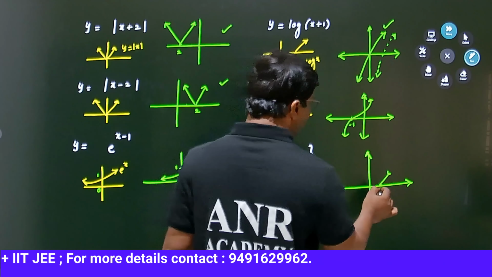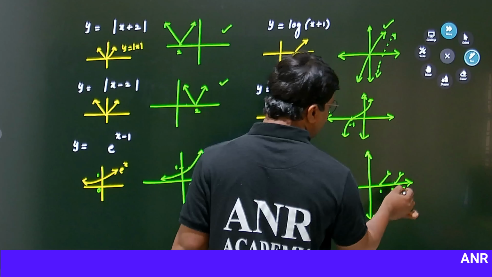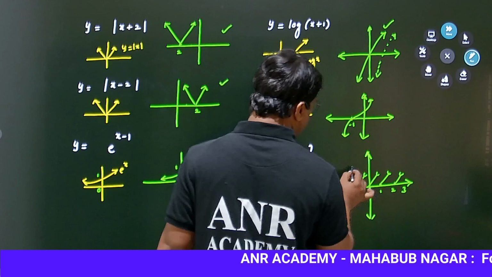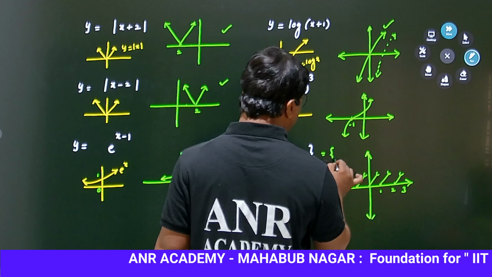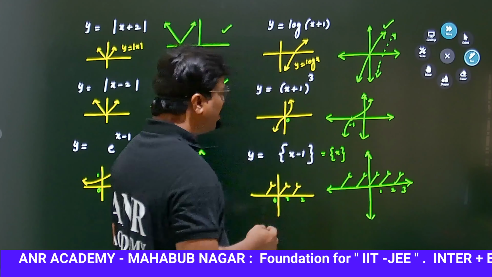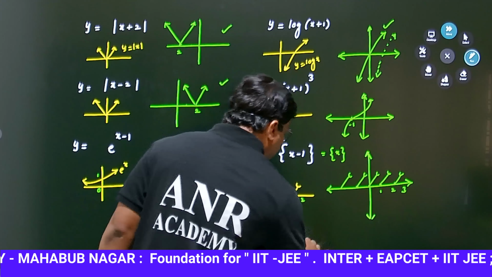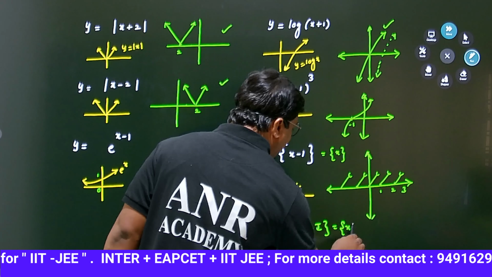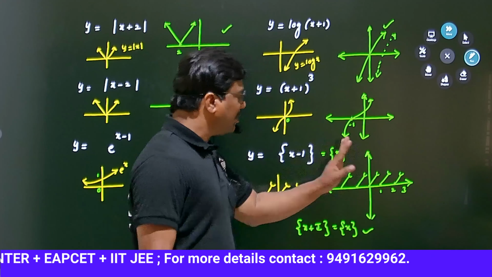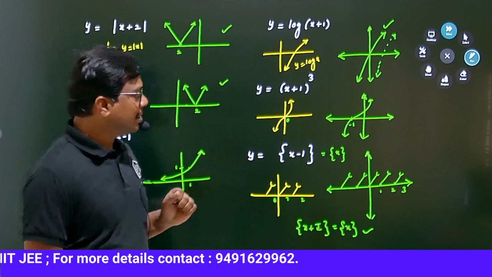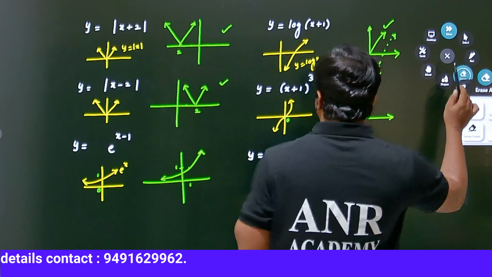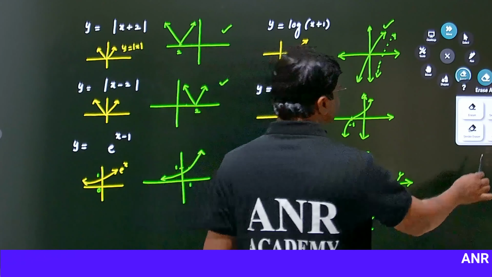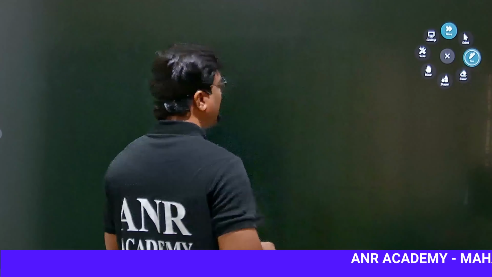Next, the interval 1 to 2, whatever the graph you have, that goes to 2 to 3. So the same graph you will get. So this is actually equal to fractional part of x. You know the property: fractional part of x plus an integer quantity is again fractional part of x, so that the same graph we get in both the cases, remember. This is about transformations when x changes to x plus k or x minus k. Next transformation.